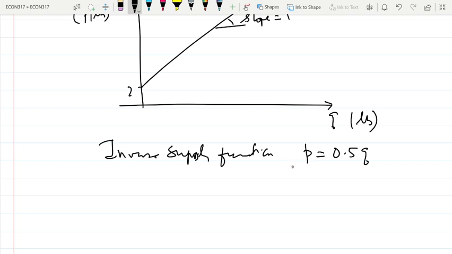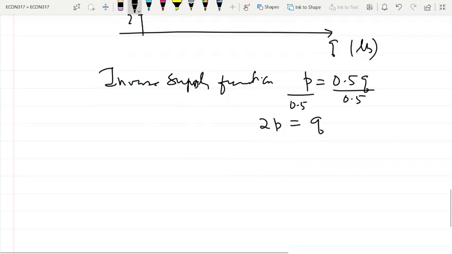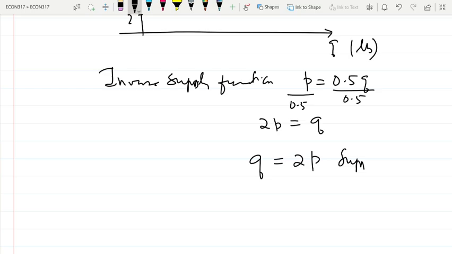So we can divide both sides by 0.5 to obtain P over 0.5, which is 2P, equal to Q, and now we can flip the two sides. The equality sign would be maintained, so we write this expression as Q equal to 2P. So this will be our supply function.